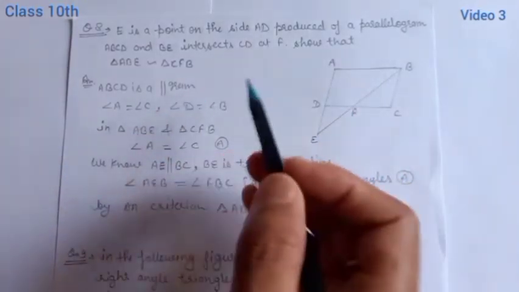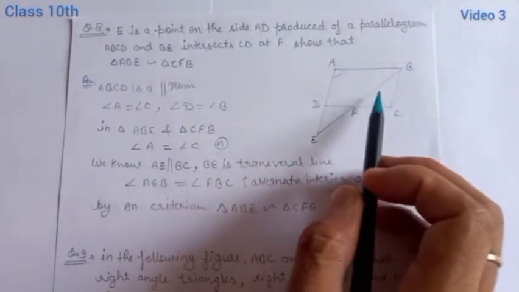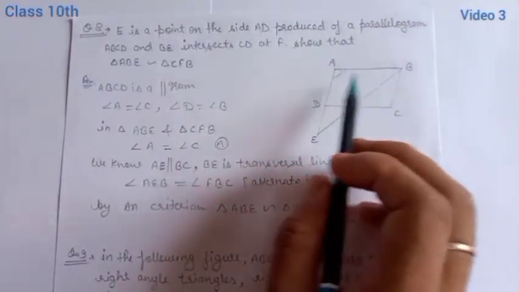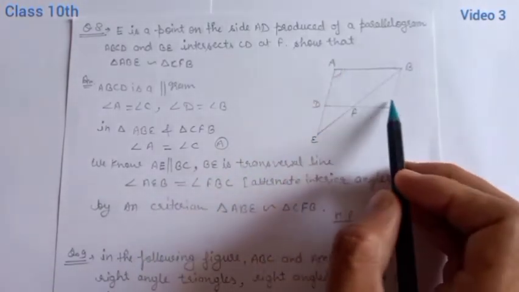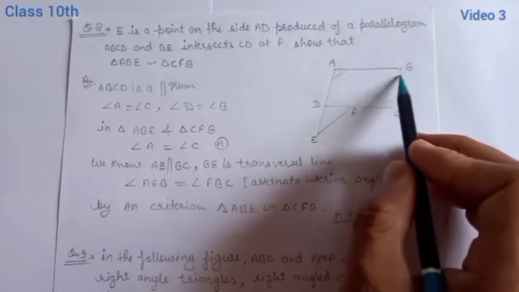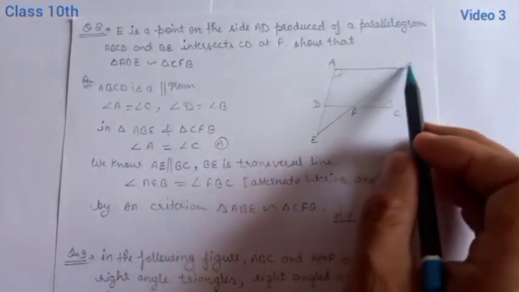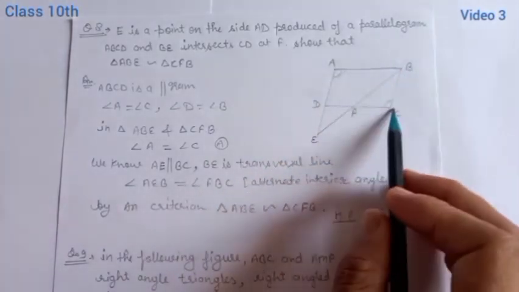ABCD is a parallelogram. As you know the property of a parallelogram, opposite sides are equal and opposite angles are also equal. So angle A is equal to angle C, and angle B is equal to angle D. The sides are also parallel: AD is parallel to BC and AB is parallel to DC.